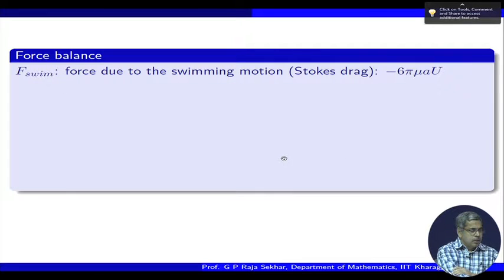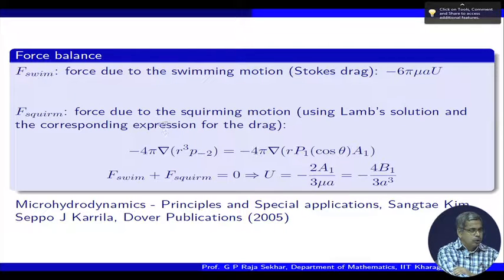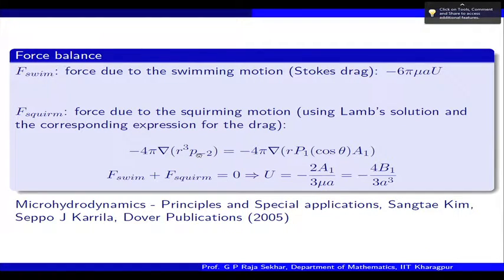So, how do we determine it? We do the net force balance. Swimming is nothing but flow due to the stationary sphere, so that is nothing but the Stokes drag. Then, due to the Lamb solution, one can get the corresponding drag. Please refer to this to get the formula of the drag.